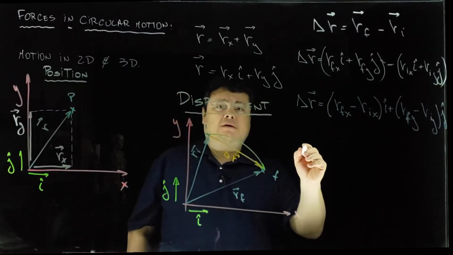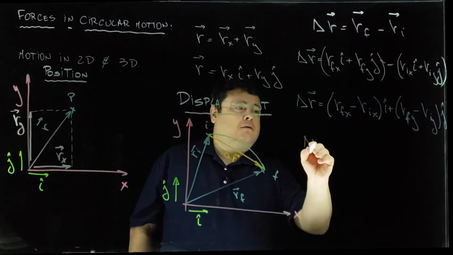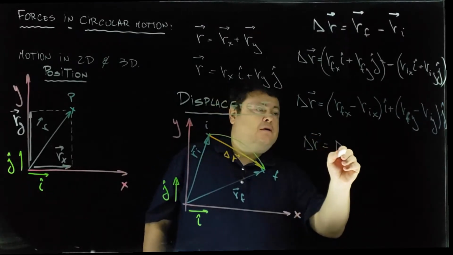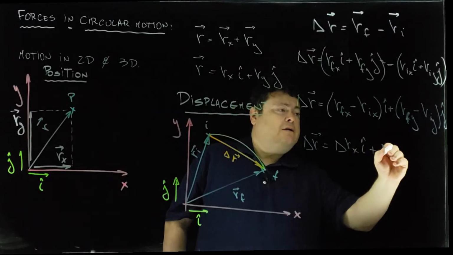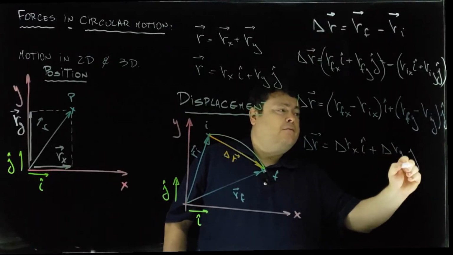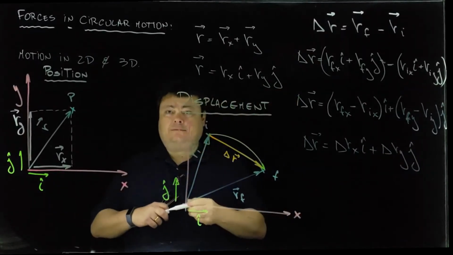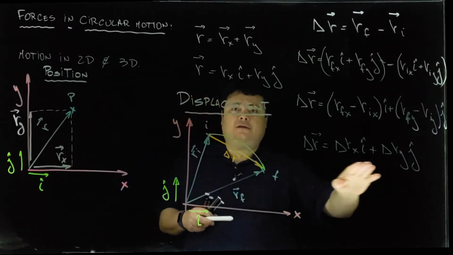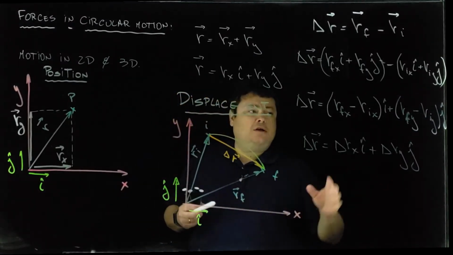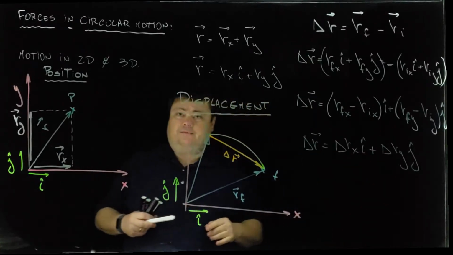Or that delta R is going to be a delta Rx i hat plus a delta Ry j hat. And then this is the vector displacement in component form.